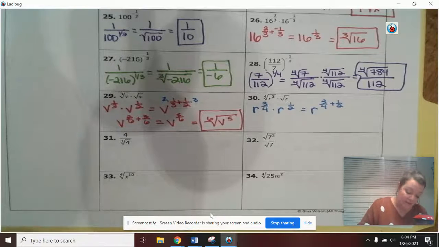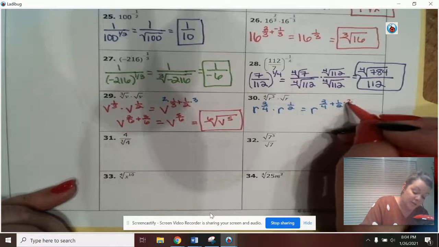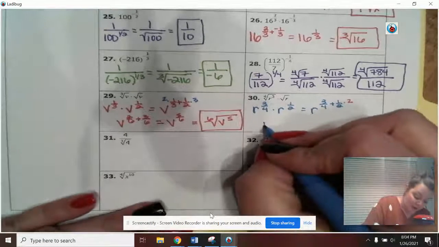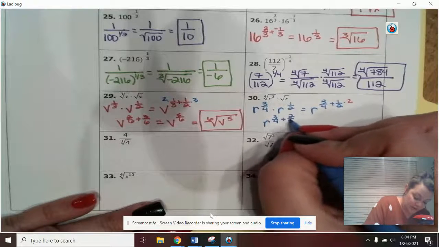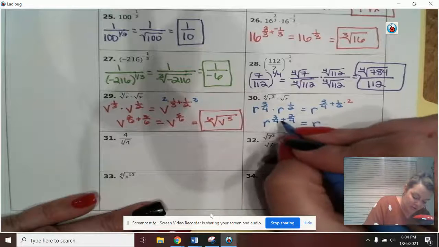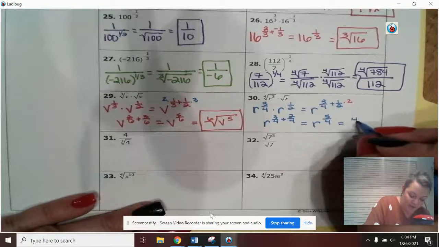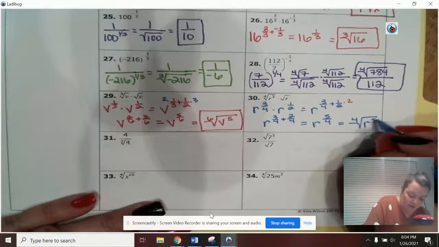This one needs a 4 down here, so I'm going to multiply by 2 to get this to be a 4. So I have r to the 3/4 plus 2/4, which is r to the 3 plus 2 is 5/4. And I go back into radical notation, and it is the fourth root of r to the 5th.